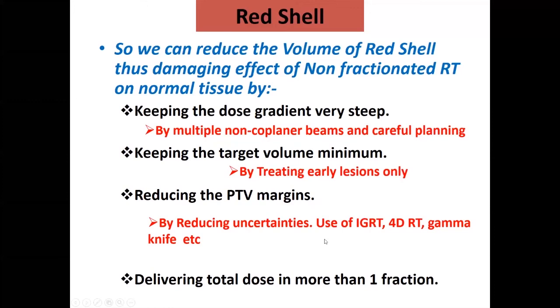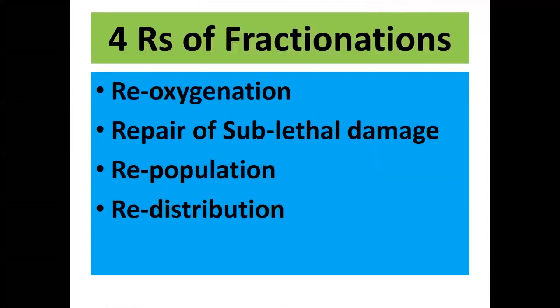So in my opinion, gamma knife is best for reducing the PTV margin. And finally, delivering total dose in more than 1 fraction wherever it is possible, and usually 2 to 4 fractions are recommended.